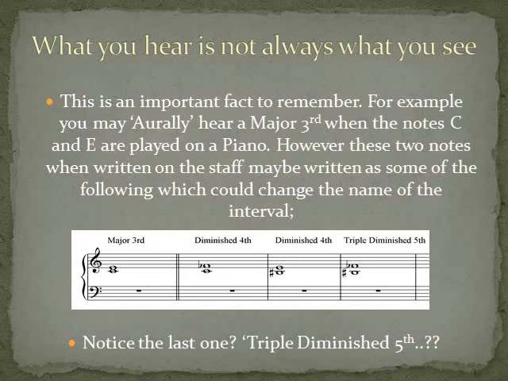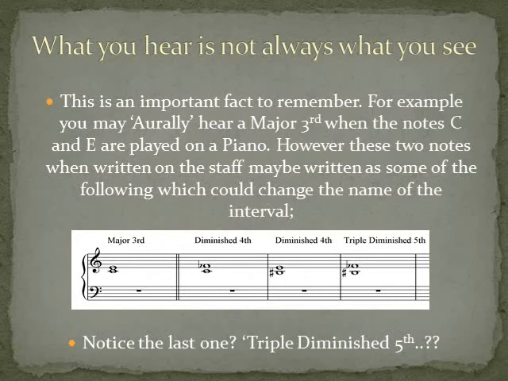You're hearing the same thing, but it's a diminished fourth as far as writing it down is concerned. It's the same as if we keep the note E, but we change the name to enharmonically be the same, i.e. B sharp is the same as C, but you can't write it down the same. You can't name it the same.